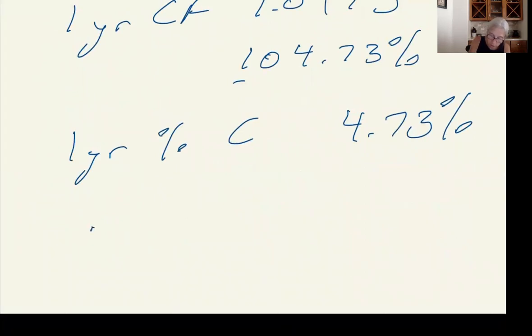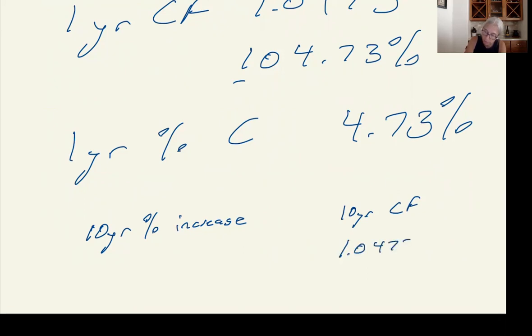The 10-year percent increase. Well, I would have to first find the 10-year change factor, which is the 1-year change factor raised to the 10th power. Pull up my Desmos here to find that out. And I get 1.5875, which means that my 10-year percent increase is 58.75%.